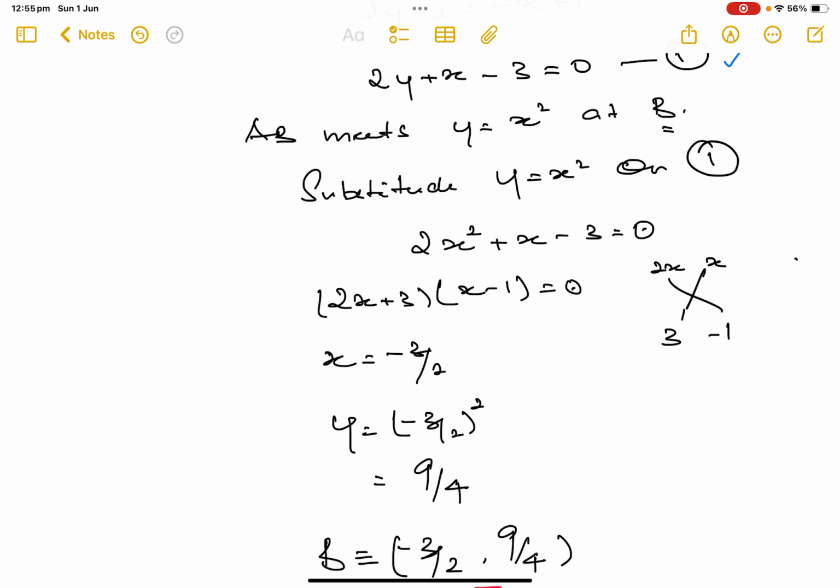If you factorize the left-hand side, it is 2x plus 3 times x minus 1.